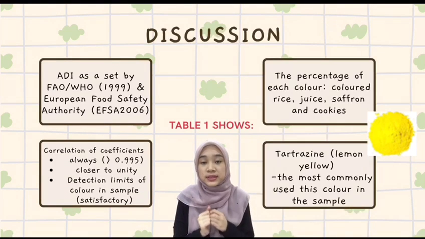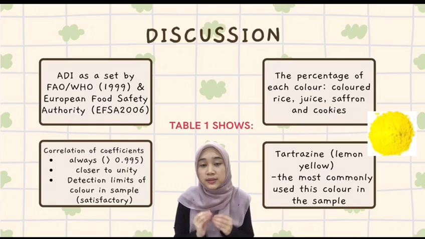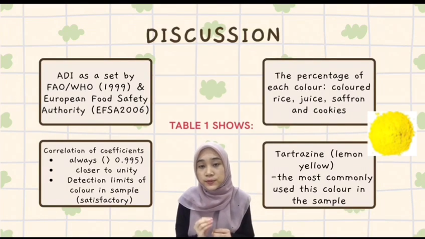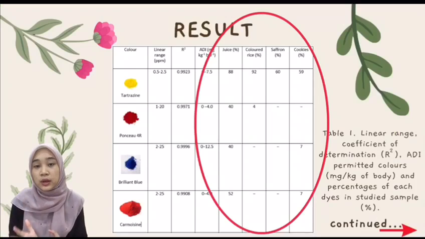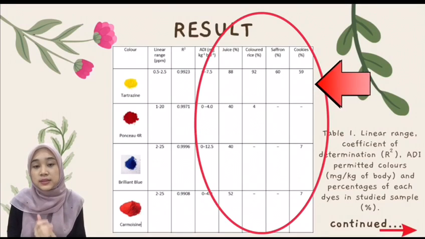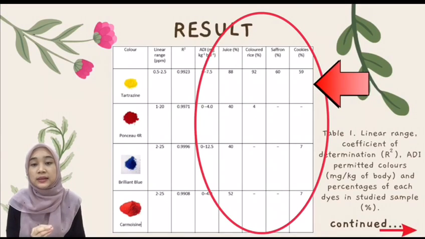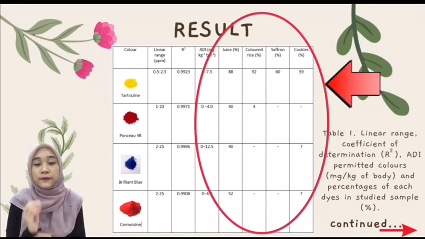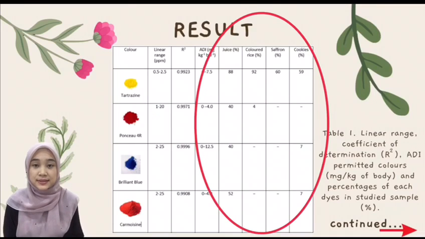It also shows the percentage of each color in juice, colorized rice, saffron, and cookies. According to this test, tartrazine was the most commonly used color in all 4 studied groups, with a prevalence of 92% in colorized rice, 80% in juice, 60% in saffron solution, and 59% in cookie samples.